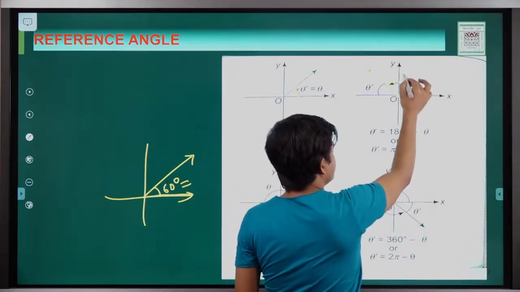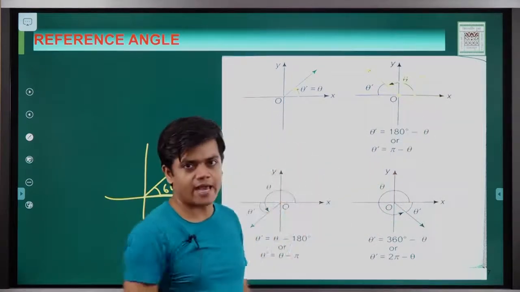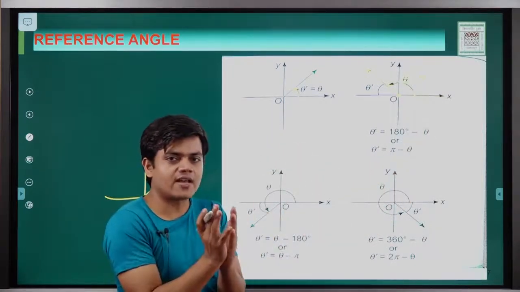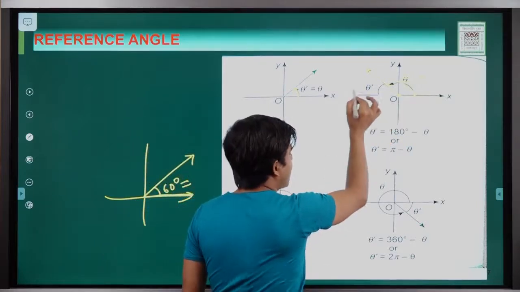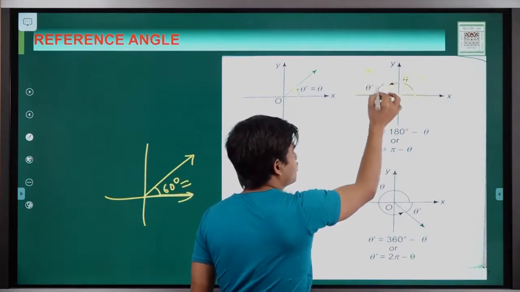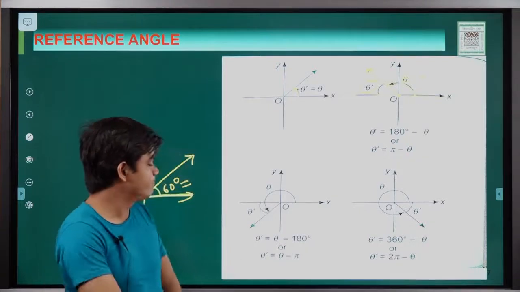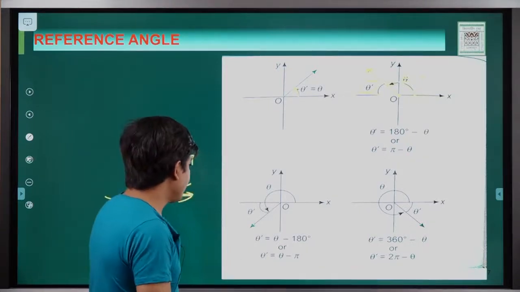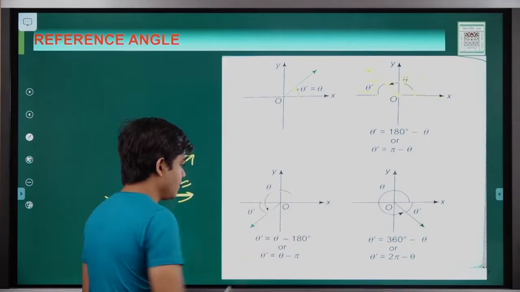Then this angle theta is called a standard angle. But reference angles are the angle with the x-axis and its terminal side, and certainly it should be acute. So here the angle theta dash is an acute angle.